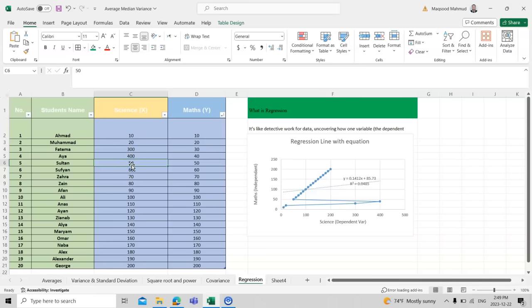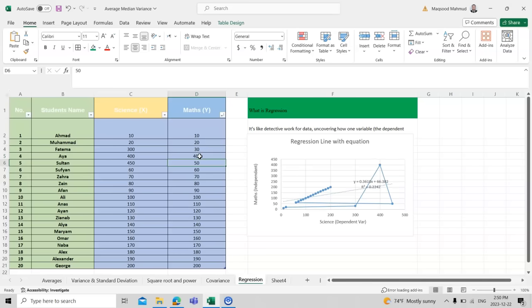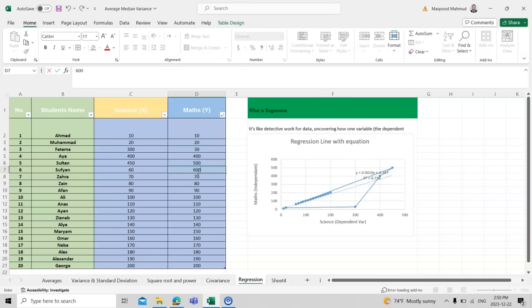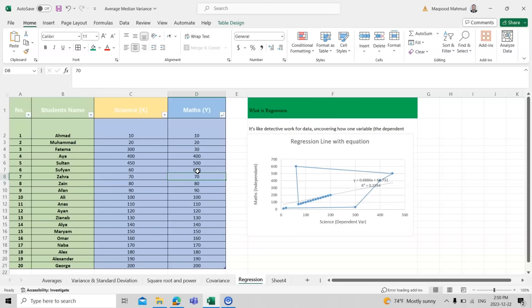Let me change this to 450. This also changed. If I change the maths data, for example to 400, the y-axis changes. If I make it 500, the change shows again. And if I make it 600, it becomes non-linear over here.